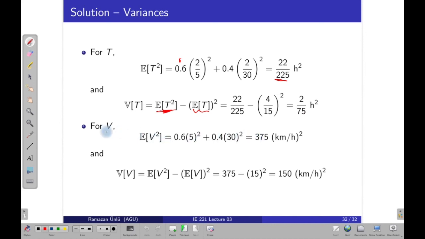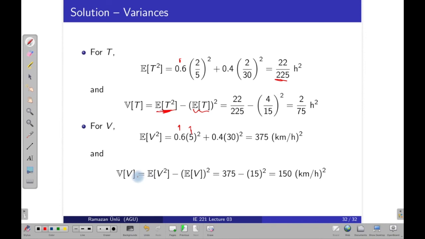For the speed, let's first calculate the expected value of v squared. The same thing: these are the given probabilities, and these are the random variables for the speed, and we just squared them, and we got 375 kilometers squared per hour squared.